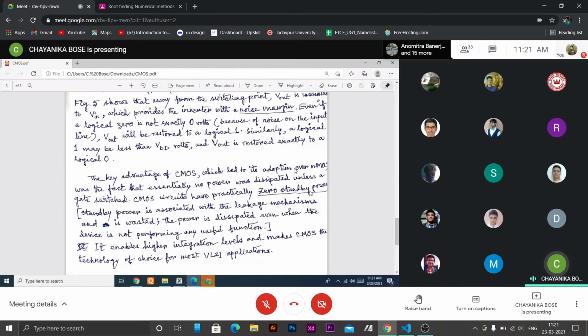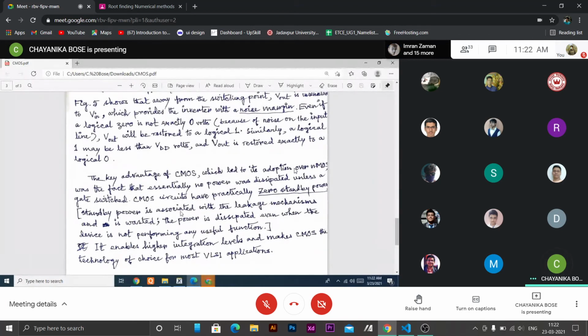So practically there is no current flowing through the circuit, and zero standby power occurs. That is the main reason for the popularity of CMOS.